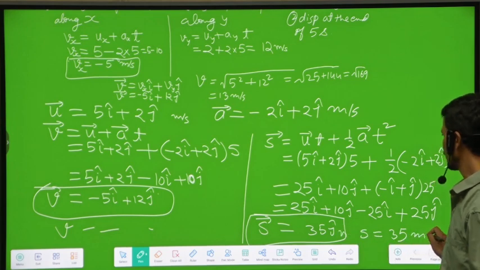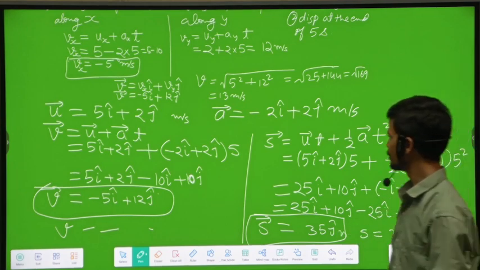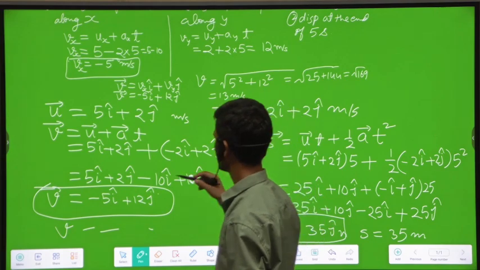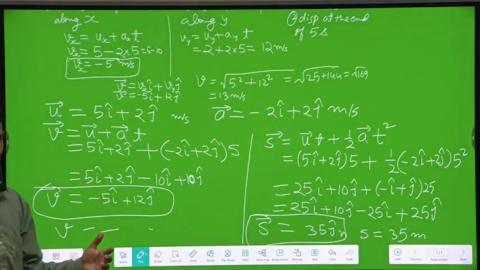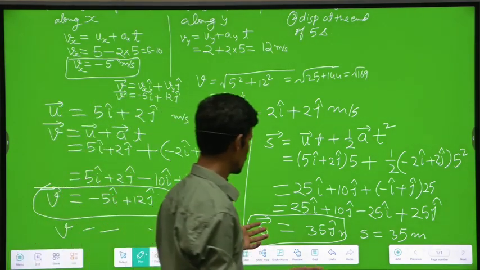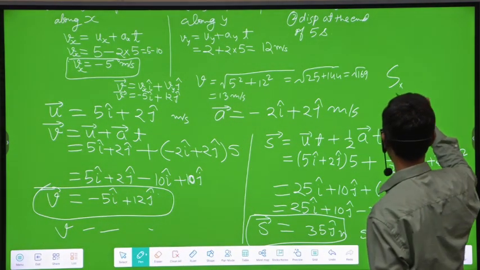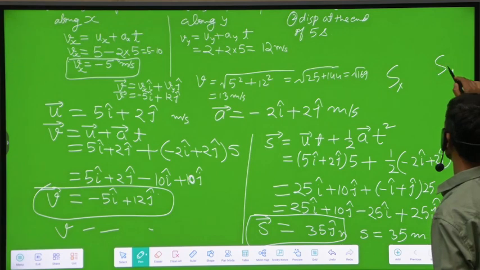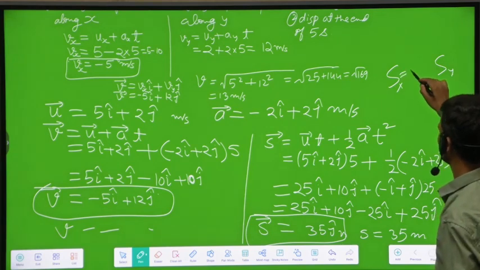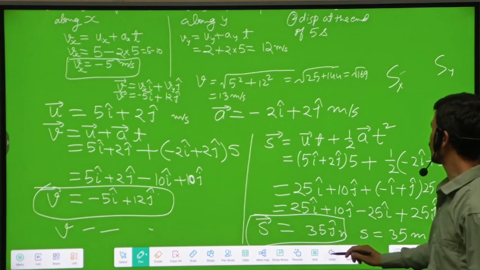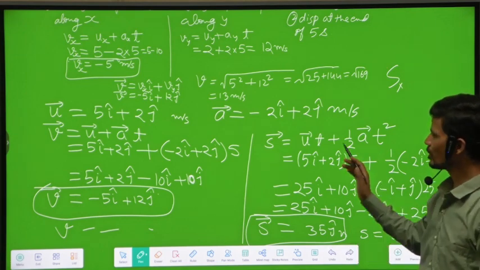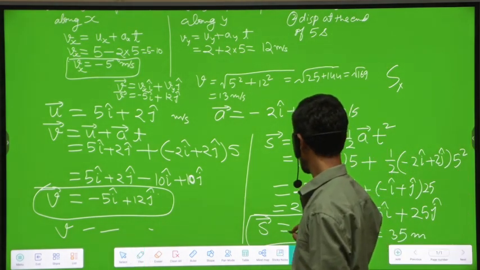I forgot meter. You can do the same thing by considering motion along x-axis and y-axis, and then you will find s along x-axis and s along y-axis. So I suspect that Sx will be 0. You can find it out on your own. This is how we are going to do these type of problems.